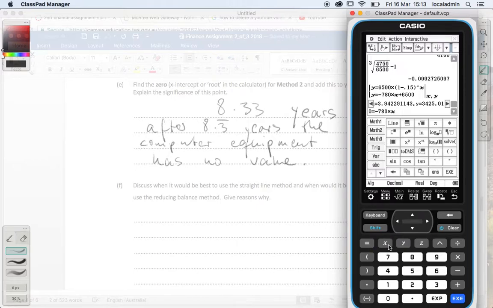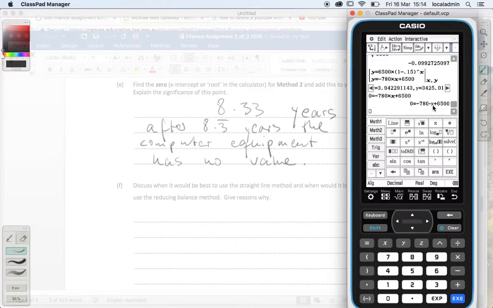We want to find where x is, and we add 6,500. So what we do now is, no, that didn't help at all, did it?